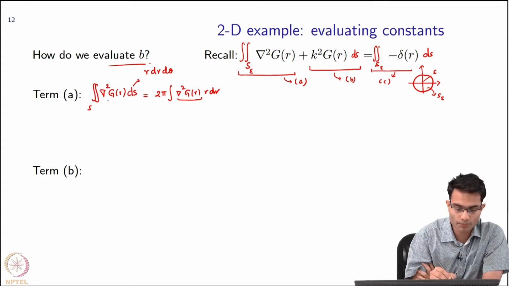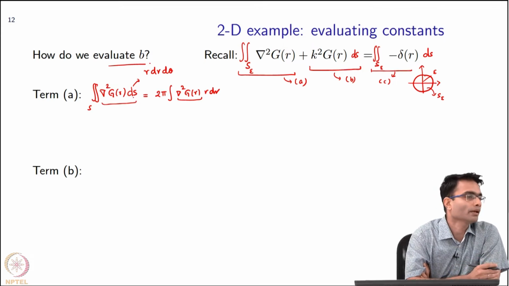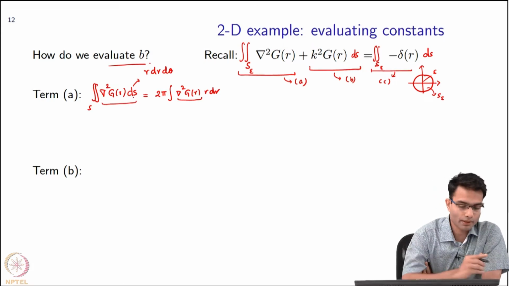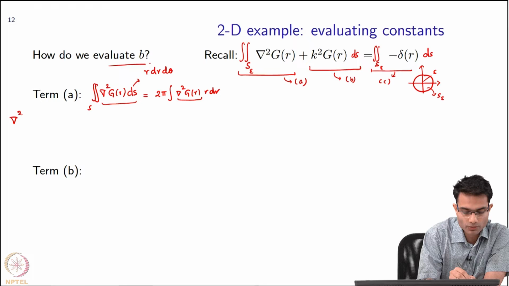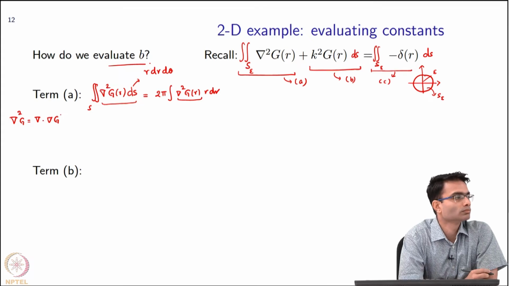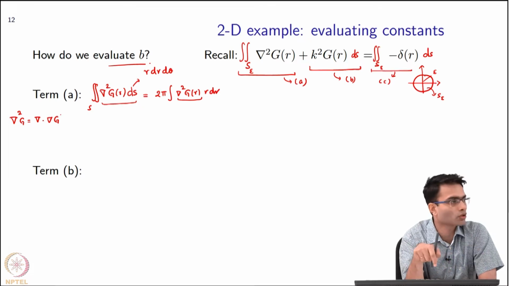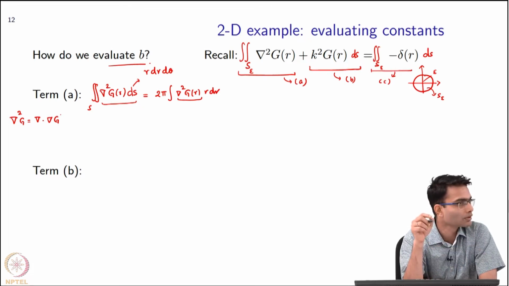Another way of doing it could be, if I look at this term over here, can I write this del squared g as the divergence of a vector? This follows from the rules of vector calculus that del squared g can be written as the divergence of grad g. You can just write out the operators, take the dot product, you will get exactly this.